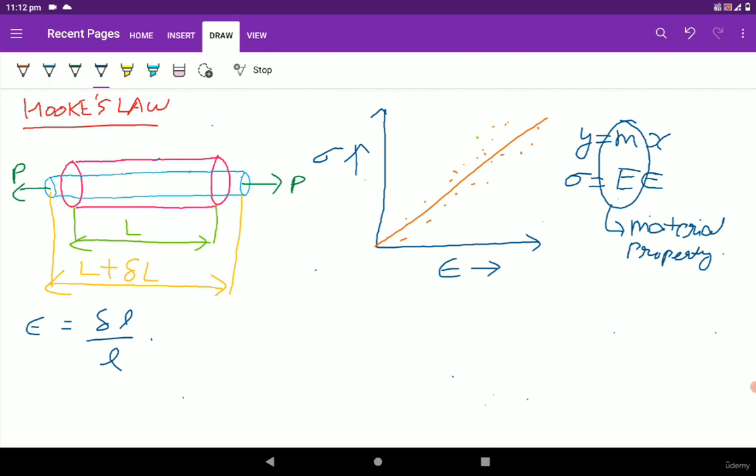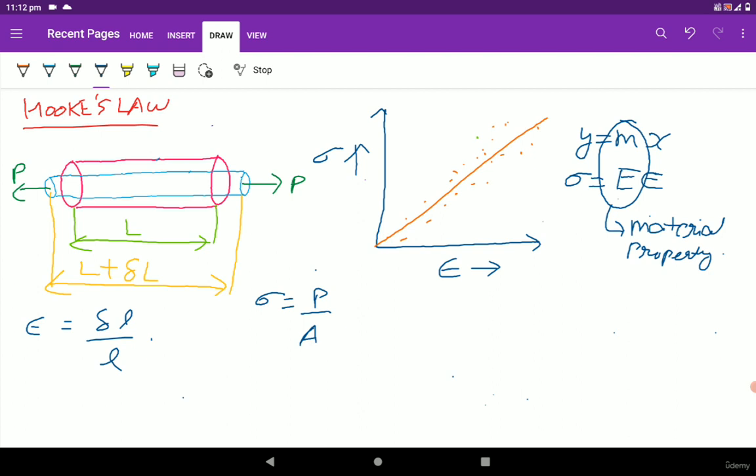Okay. So we can write sigma is equal to P upon A, and as we know, sigma is equal to Young's modulus multiplied by the strain.